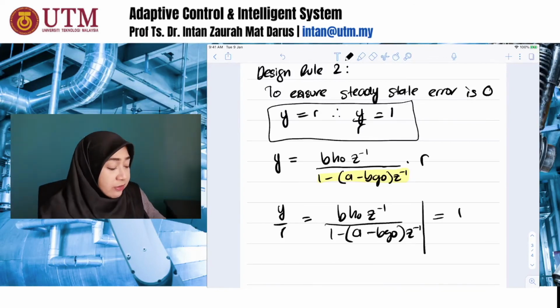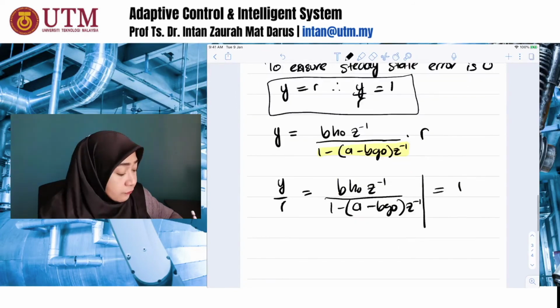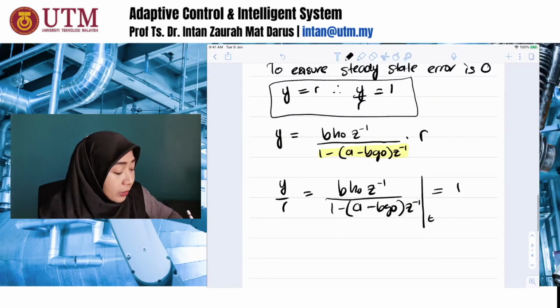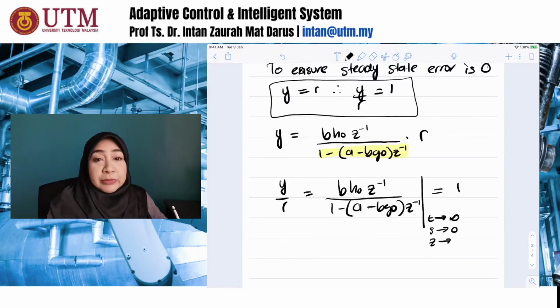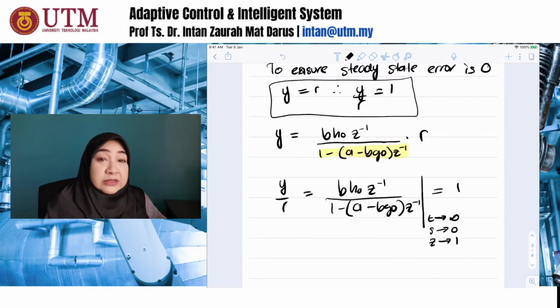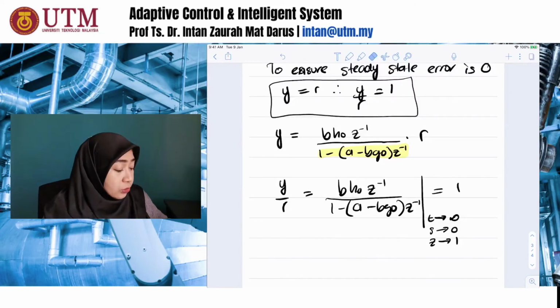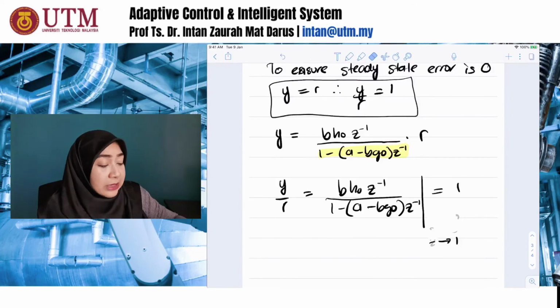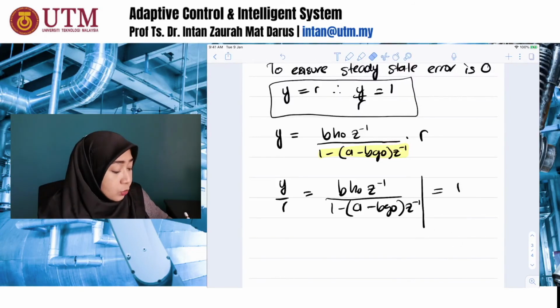You can refer to any textbook to find out about it. I'm going to erase the rest of it and just stick with Z approaching 1, by making Z equivalent to 1.